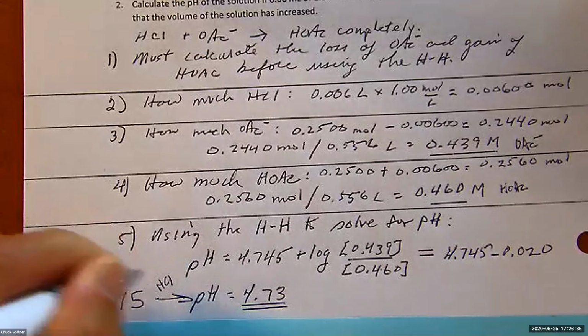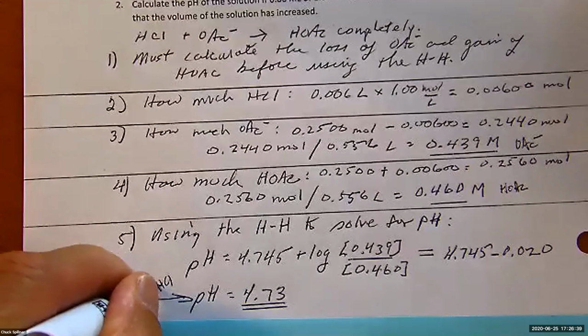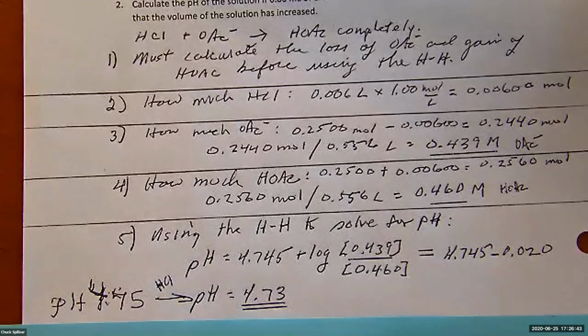We added HCl, so we could say that the buffer really worked. The pH didn't really change much. We can also say we didn't exceed the buffer capacity.